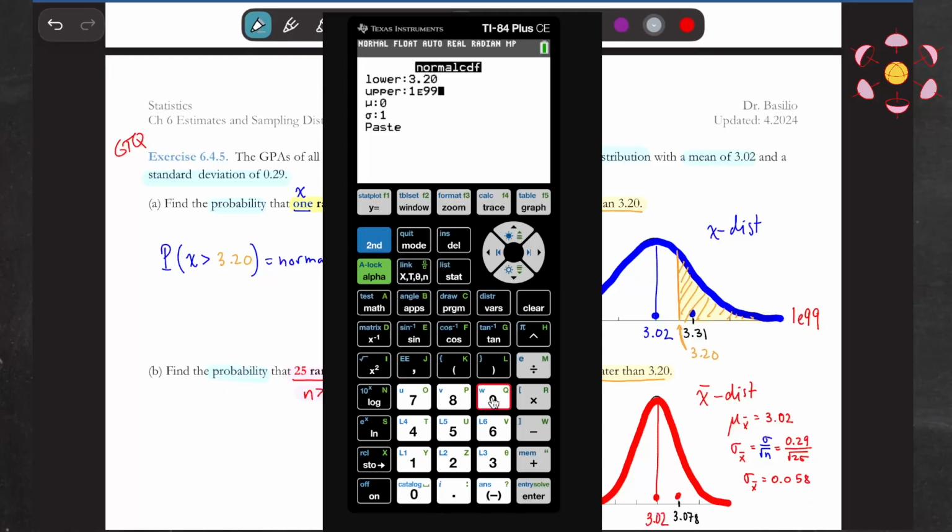There we go, 99. It's my upper. The mean is 3.02. Enter. And the standard deviation is 0.29. Excellent. Double check that I entered the numbers correctly, and they look good. 3.20, 1E99. Okay, good.